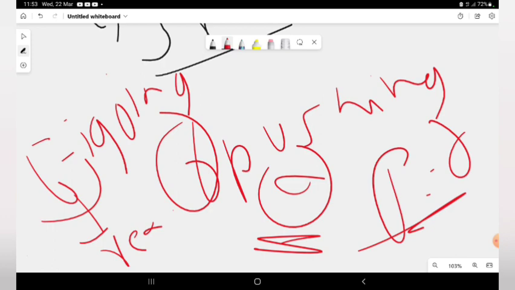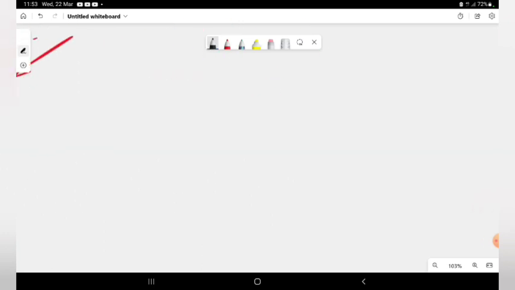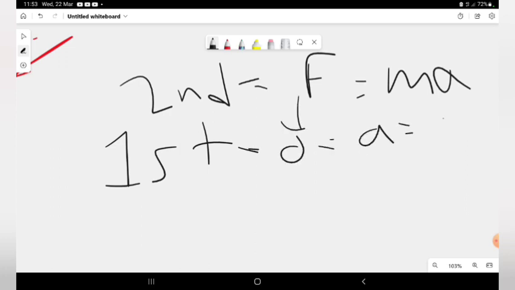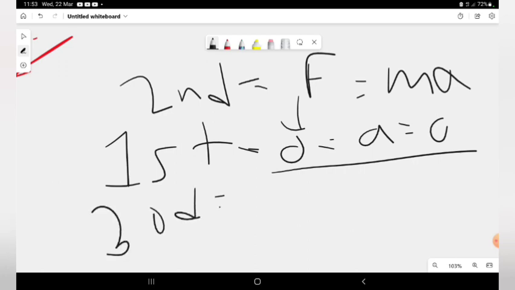Let us summarize it all. What did I just tell you? The second law of Newton of motion, F is equal to ma. From this I proved the first law where F is 0, so a is 0. So this proves the law of inertia. The third law I just explained.